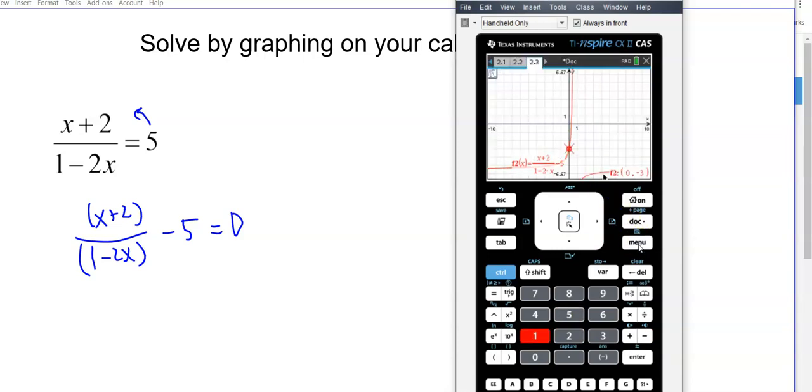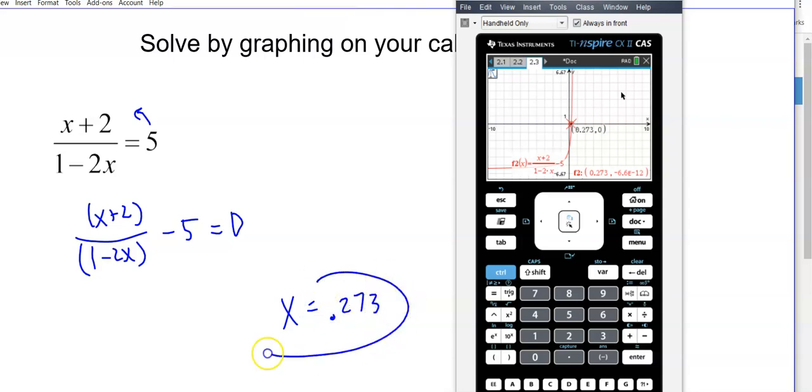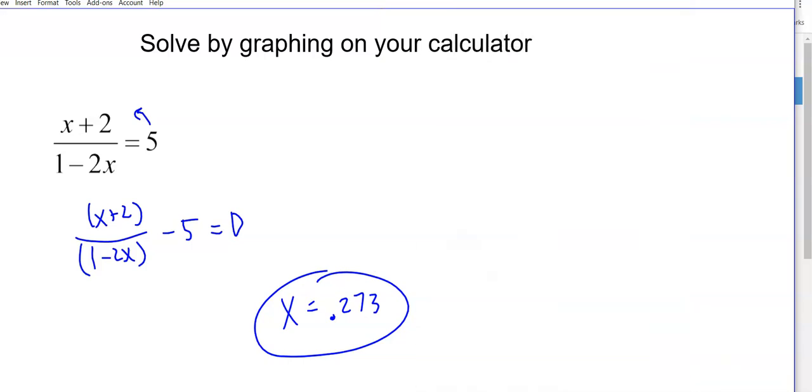Menu 5, 1. I get an answer of x equals 0.273. So that looks to be the only place that crosses the x-axis. So we've got an answer.